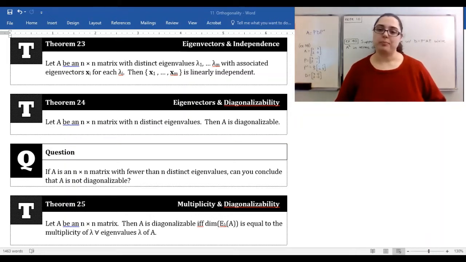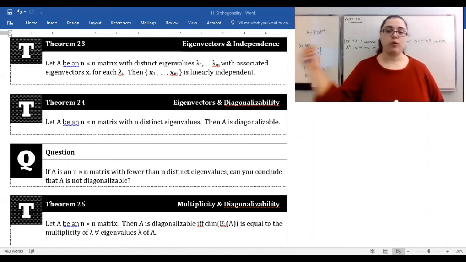The reason being the particular example we happened to look at had an eigenvalue with multiplicity 2, and it ended up having just one eigenvector. However, you could have a matrix that has an eigenvalue with multiplicity 2 that has 2 eigenvectors. And in that case, because the vectors would be linearly independent, we would be good to go. Okay? So theorem 24 is strictly a one-directional theorem. It's not an if and only if.